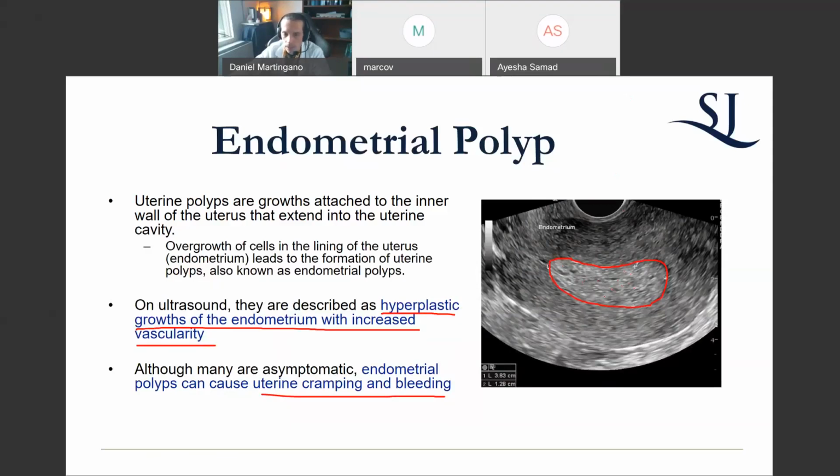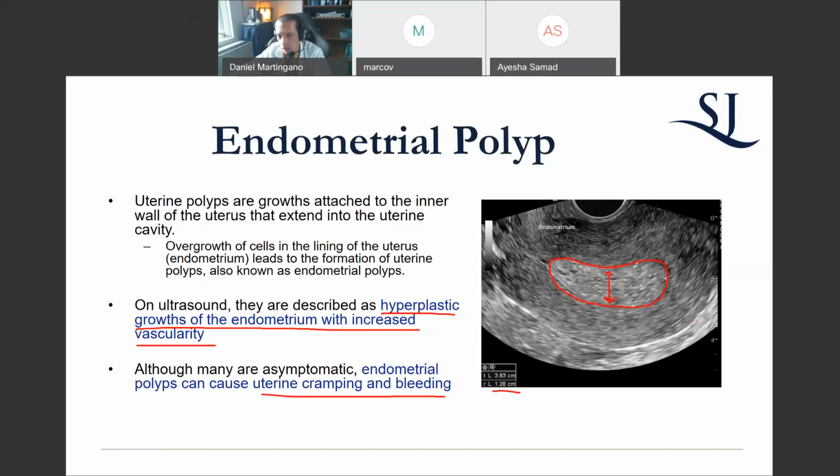But here, this is measuring about 1.2 centimeters, 1.3 if you round it from here to here. So that's abnormal. Usually 5 millimeters or something greater than that is what we would call thickened. In a postmenopausal patient, it's a bit different, but when we talk about diagnosis, we'll explain that.